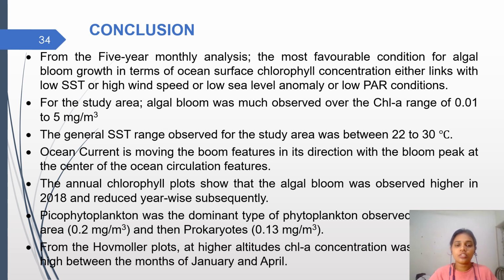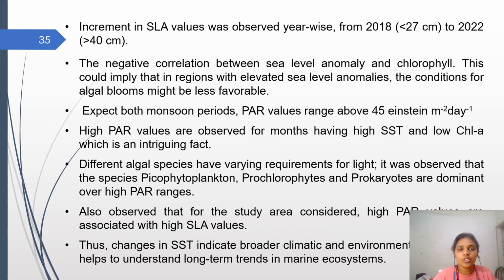And we also found the dominant type of phytoplankton observed for the study area was prochlorophytes, then the prokaryotes. And from Hovmoller plots we found that the high latitudes of the study area have algal bloom when compared with low latitudes. Also, we came to know that there was an increment in SLA values over the years from 2018 to 2020, and these high SLA values are associated with high PAR values.